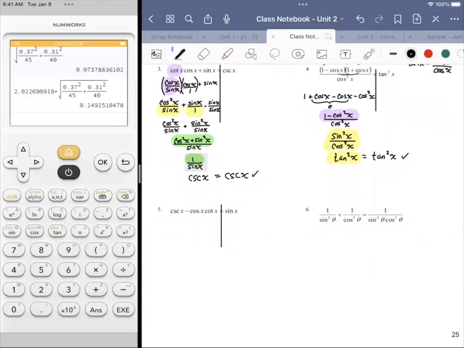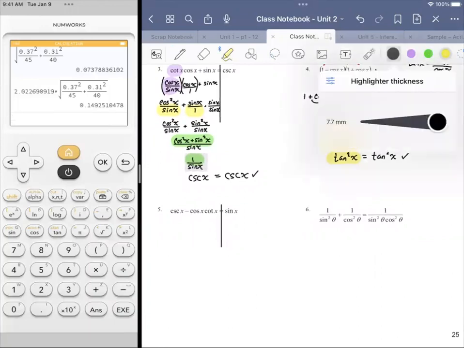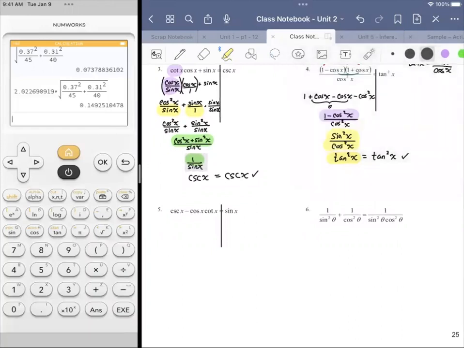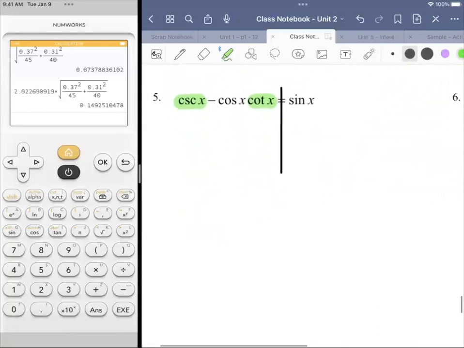I'm going to look at what isn't a sine or a cosine and use that information, those transformations, substitutions, I should say, to see if I can grease the wheels a little bit. Cosecant is the same as 1 over sine. Should actually highlight this in different colors.